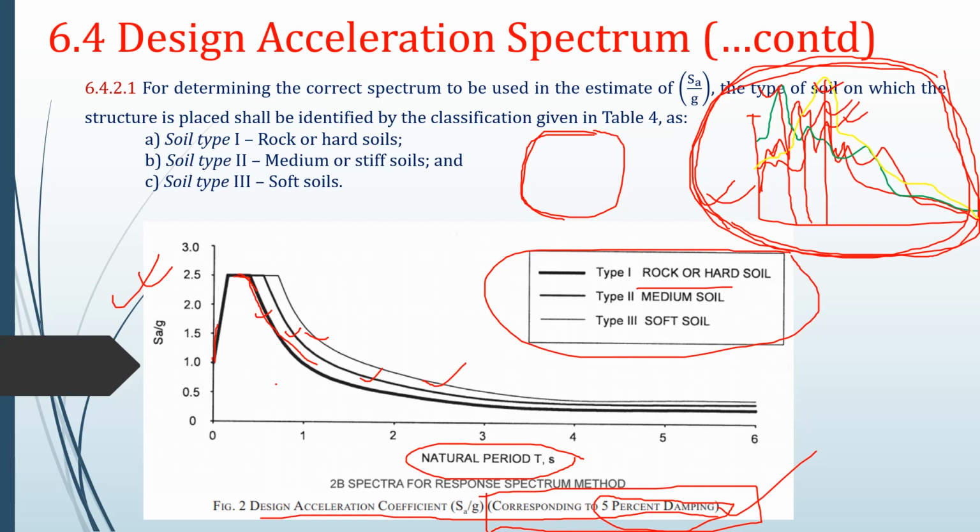So the buildings with lower time periods are more susceptible to our local site condition, this rocky or hard soil condition. And similar is the case for the medium soil and soft soil. So this is our design response spectrum curve, and it is given for the response spectrum method in our IS 1893 code clause 6.4.